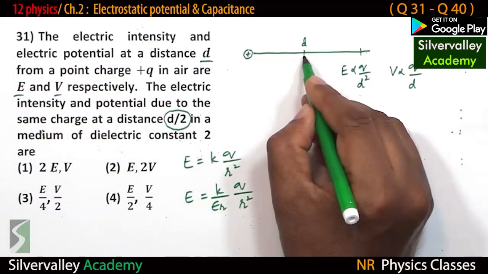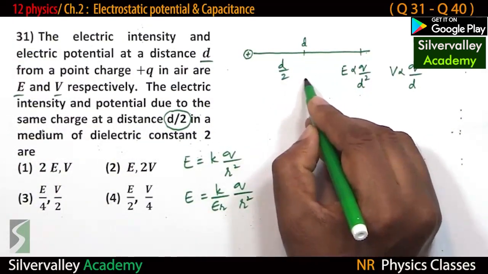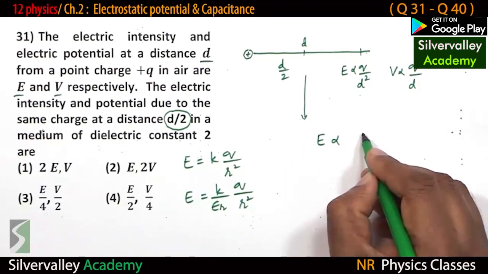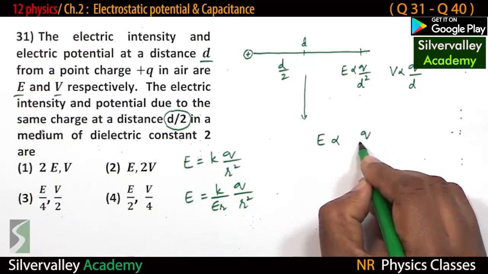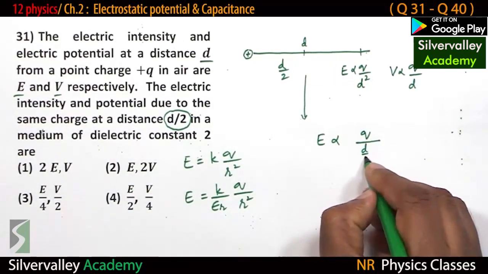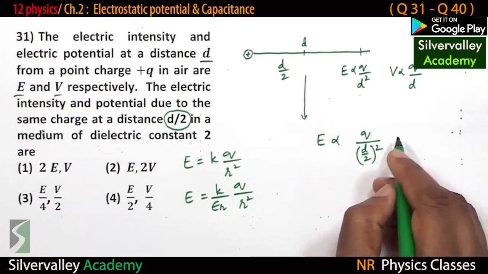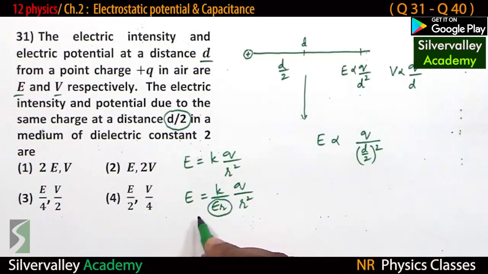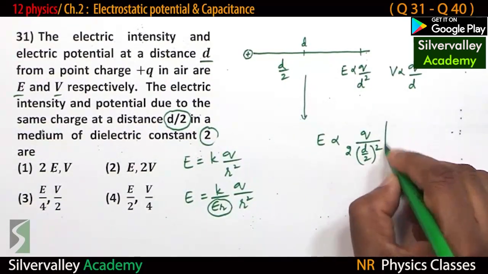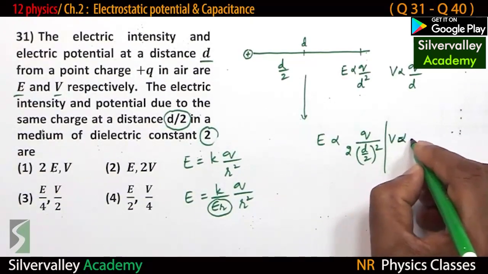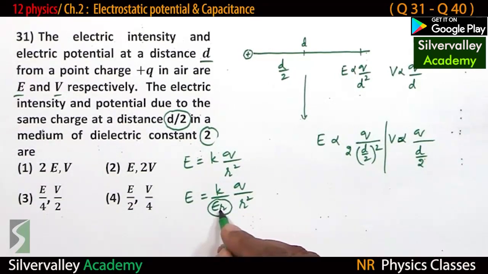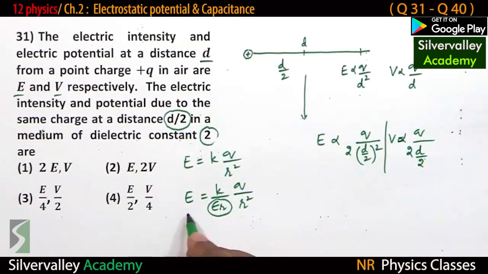At distance d by 2, the electric field is proportional to charge by distance d by 2, whole square, with dielectric constant 2. And the electric potential is q by d by 2 with dielectric constant 2 here.